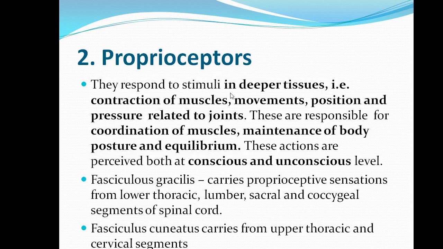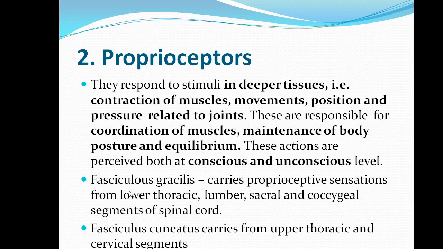They respond to the stimuli in deeper tissues, that is contraction of muscles, movements, position and pressure related to the joints. These are responsible for coordination of muscles, maintenance of the body posture and equilibrium. These actions are perceived both at the conscious and unconscious level.